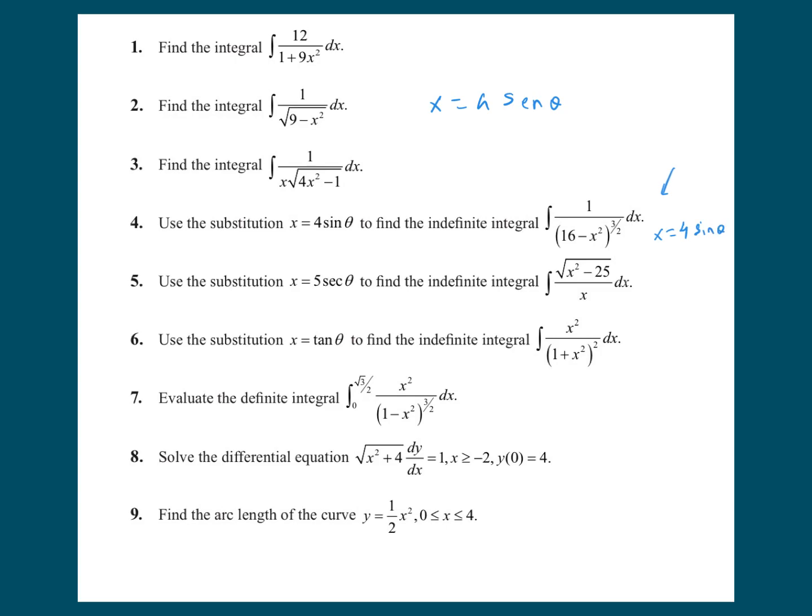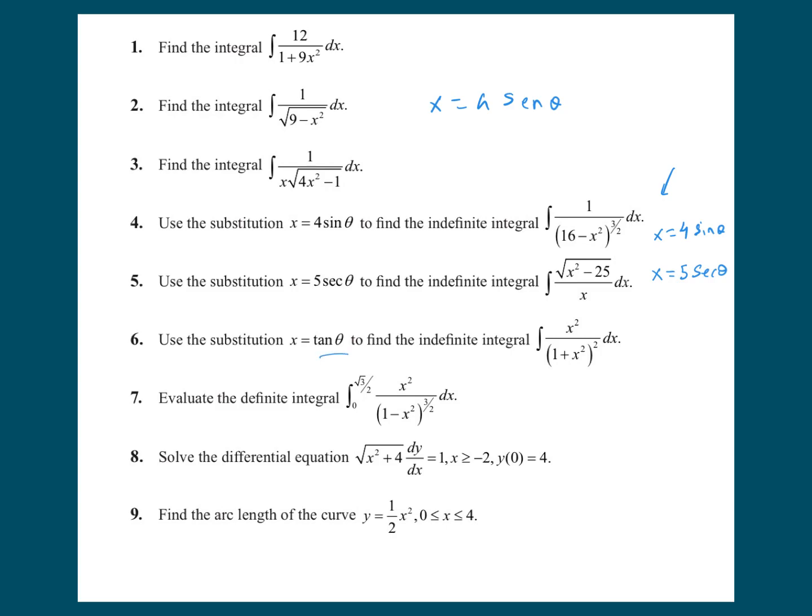In this kind of problem, the square root of x squared minus 25, we use the substitution x equals 5 secant theta. In this kind of problem, problem number 6, we use tangent theta.